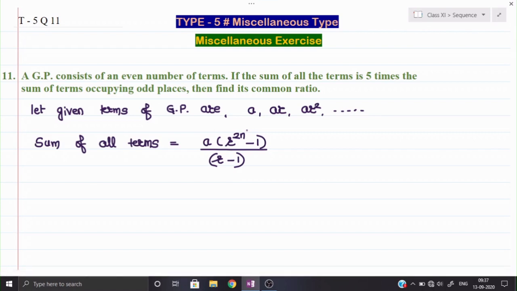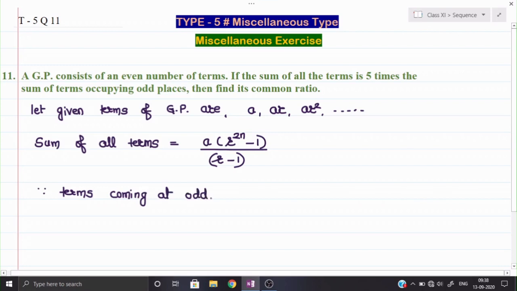Okay, so now first we shall identify the terms coming at odd places.